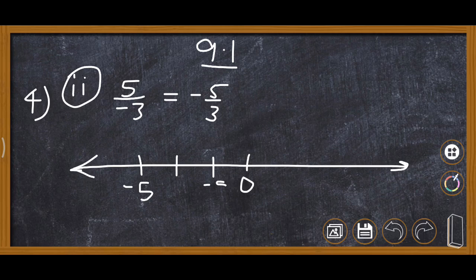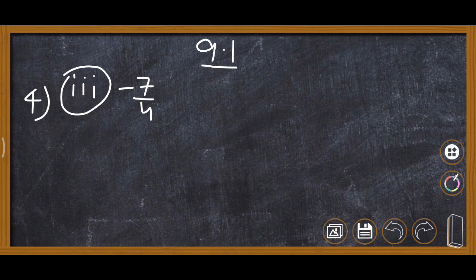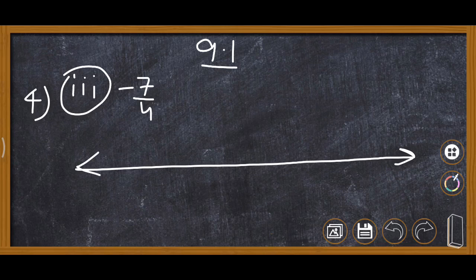Then the first line will be minus 5 upon 3. Now the third part is again negative, so draw a line, put 0 in the middle, then draw 4 lines because the denominator is 4, and on the last line write minus 7. Then the first one will be minus 7 upon 4.